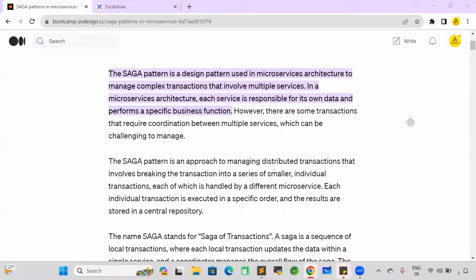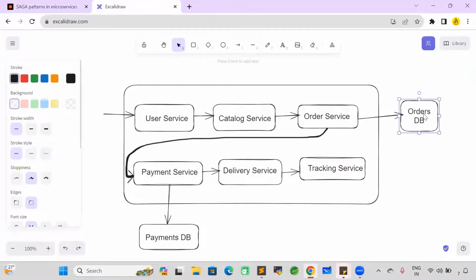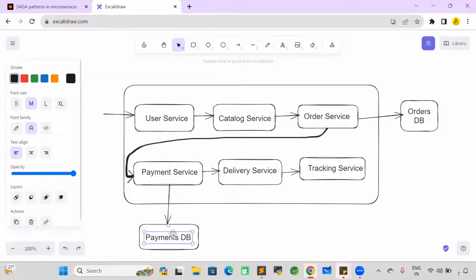The order is created and stored in the orders database. When the order is already created, we go for the payment, and the payment may be successful or may fail. First the user selects the product in the catalog, places the order, purchases it, then the order is created, then we go to the payment. Payment is maintained in the payment database.